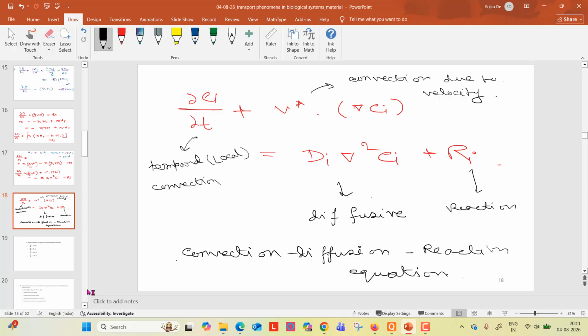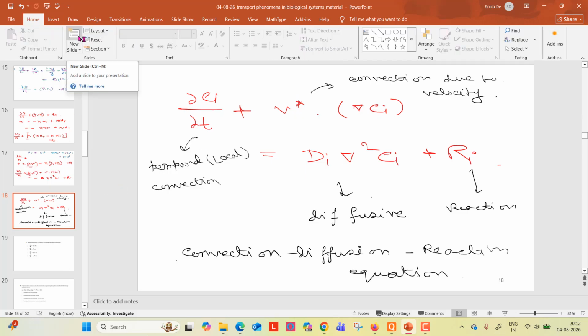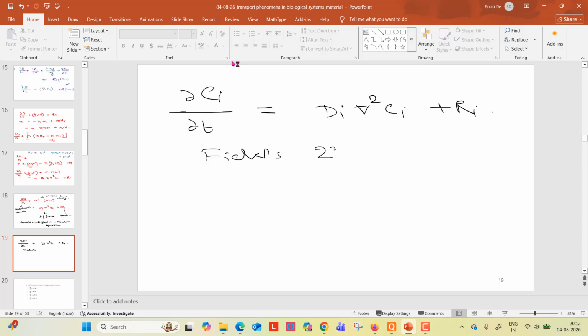Okay, so if there is no convection due to velocity, what terms will be left? It will be del Ci del T equals to di grad square Ci plus Ri, right? So this is your Fick's second law.